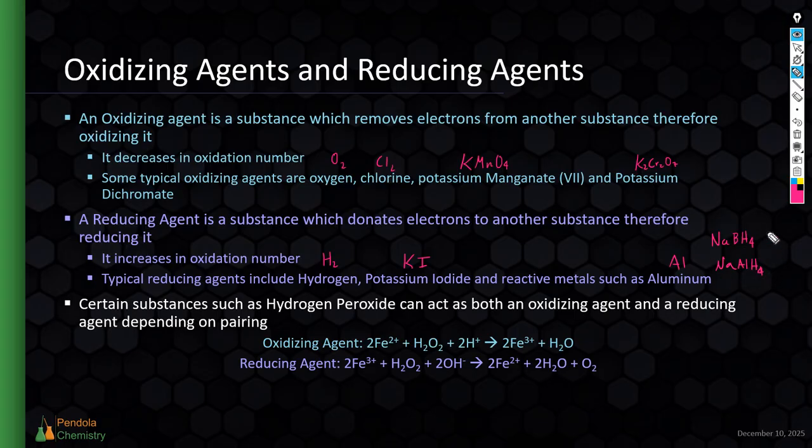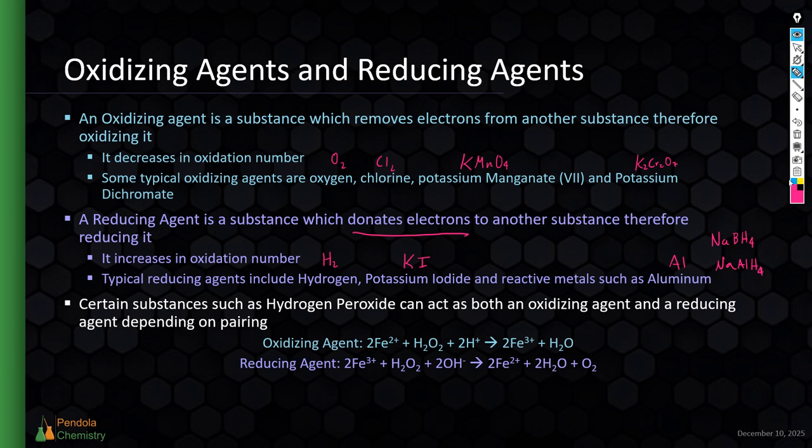These are other strong reducing agents that we will see in later chapters. But aluminum, so most reactive metals, potassium iodide, and hydrogen are also very strong reducing agents. These are all chemicals that tend to donate electrons to something else, getting themselves oxidized and therefore reducing that other compound.